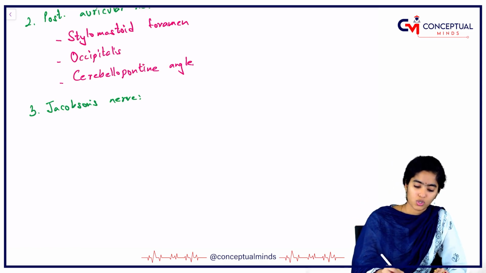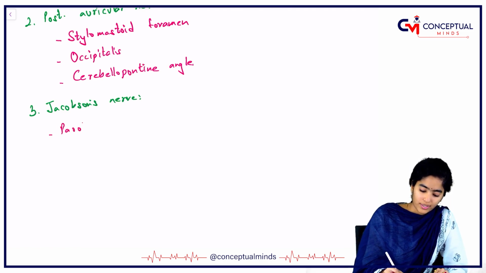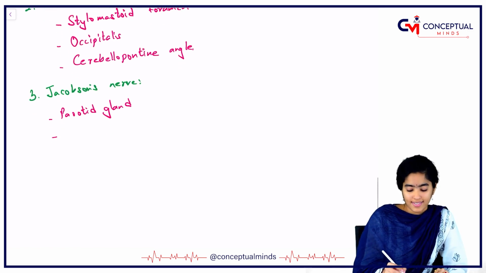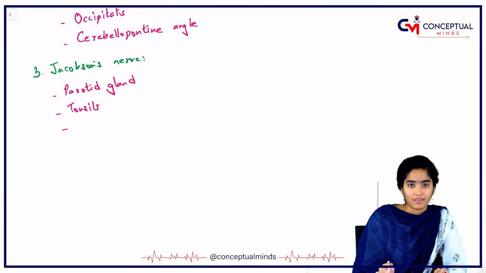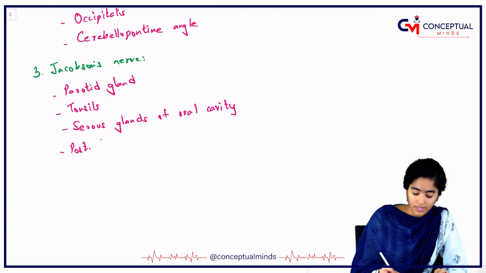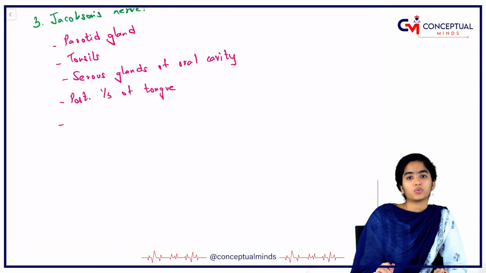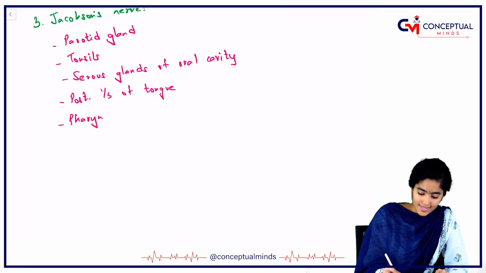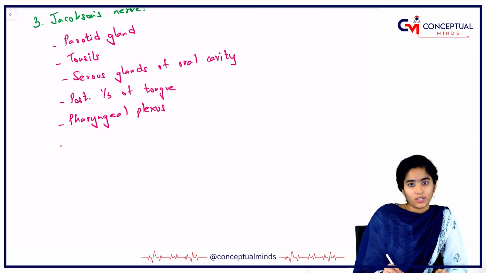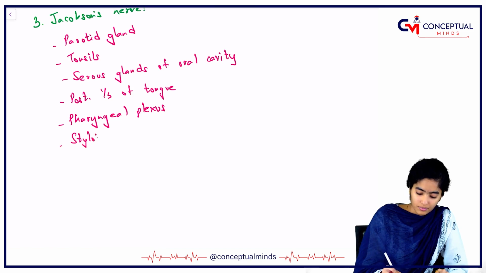Apart from that, it also supplies the parotid gland, tonsils, serous glands of the oral cavity, posterior 1/3 of the tongue. The anterior 2/3 of the tongue is by chorda tympani of the facial nerve, the posterior 1/3 is by the glossopharyngeal nerve. It also supplies the pharyngeal plexus, styloid process and carotid sinus.